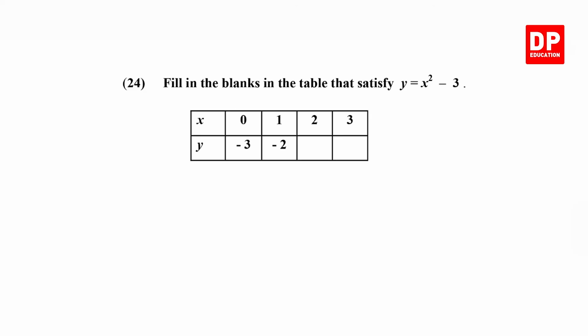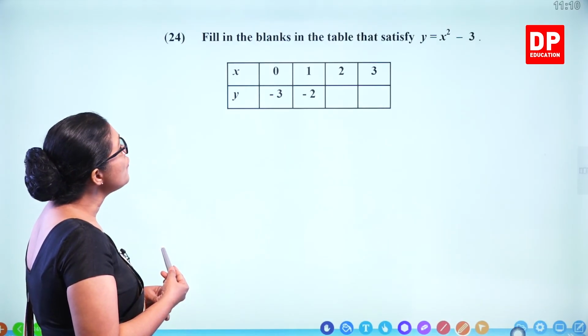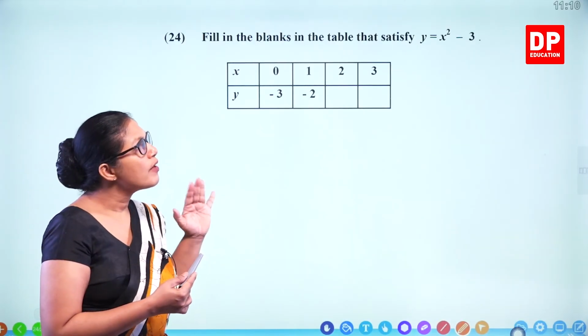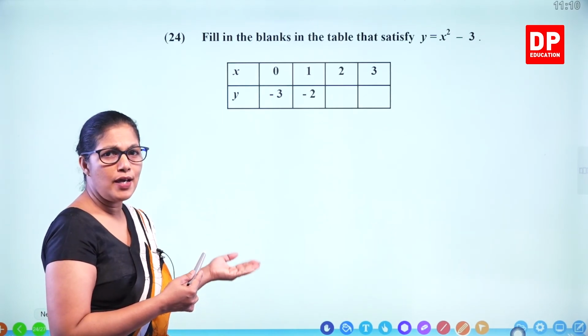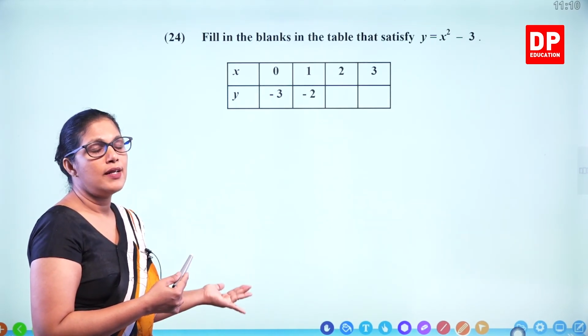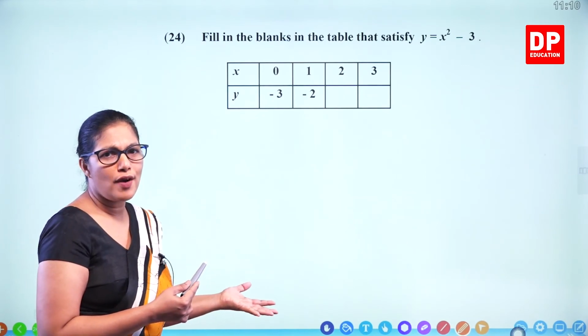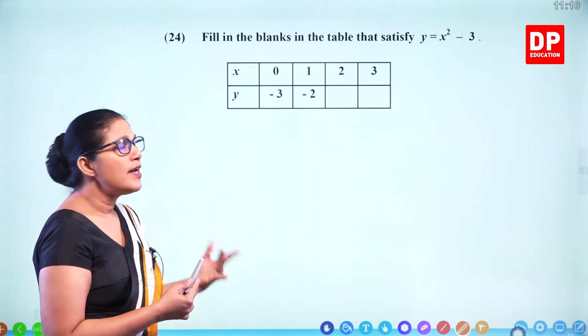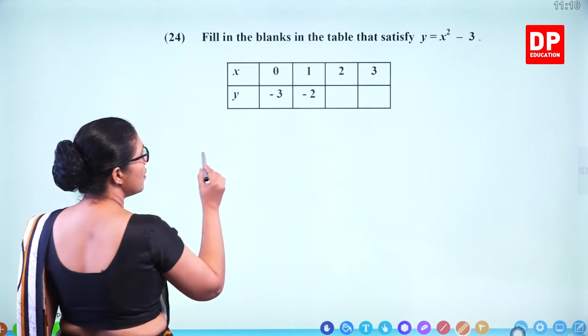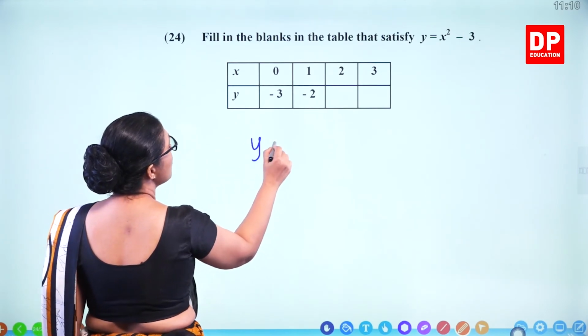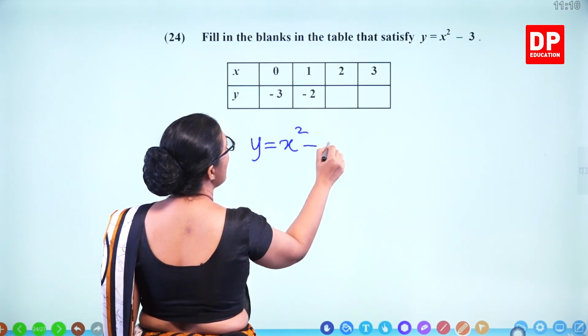Question number 24. Fill in the blanks in the table that satisfy y equals x squared minus 3. This is a quadratic equation, so we can substitute. Normally you get a similar question in paper 2 also. You are given a graph and asked to find the value of y when x equals something. So the equation is y equals x squared minus 3.